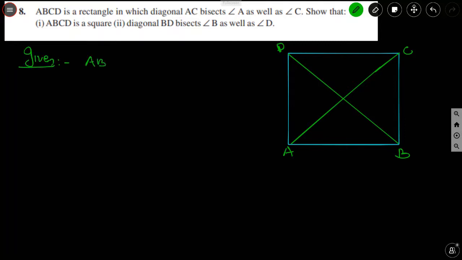ABCD is a rectangle. That means all angles are 90 degrees and opposite sides are equal and parallel. AC bisects angle A as well as angle C, so these both will be equal, and we know alternate interior angles are there, that will also be equal.